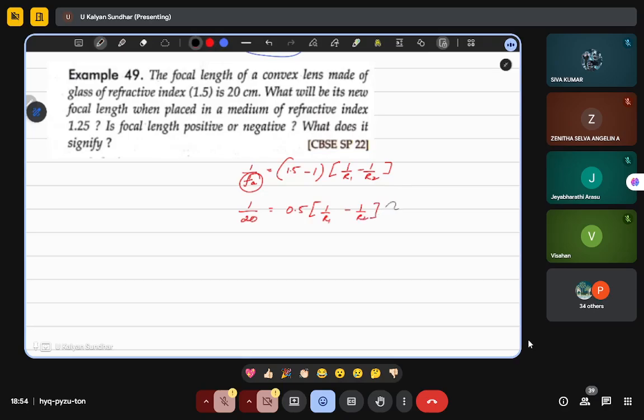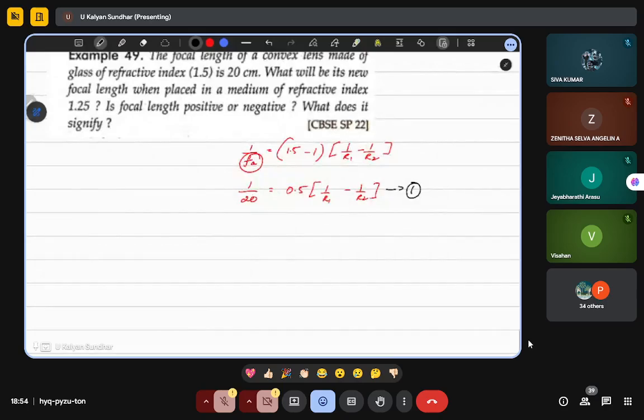Similarly, this is for the first case. What about the second case, when it is immersed inside the liquid? The first medium is the liquid and the second medium is the glass lens. So 1 by focal length in that medium will be equal to (mu2 by mu1, that is refractive index of the glass divided by 1.25, minus 1) into (1 by r1 minus 1 by r2). Now 1 by r1 minus 1 by r2 will be the same in both.